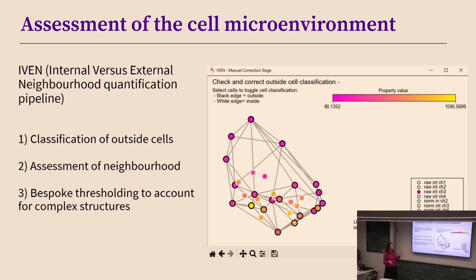So to begin with, we were able to classify the outside cells. So if you remember, I spoke about it almost being like this egg kind of structure. I use a convex hull to specify what those outside cells are. And obviously it's biology, so it doesn't always play fair. And so this is all set within a graphical user interface, so you're able to correct it when perhaps you can look at those cells it's classified as being outside, and you know from experience that that's really not an outside cell.